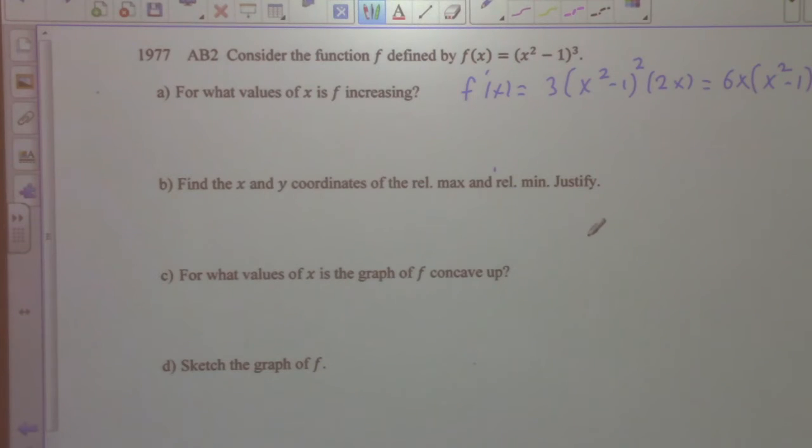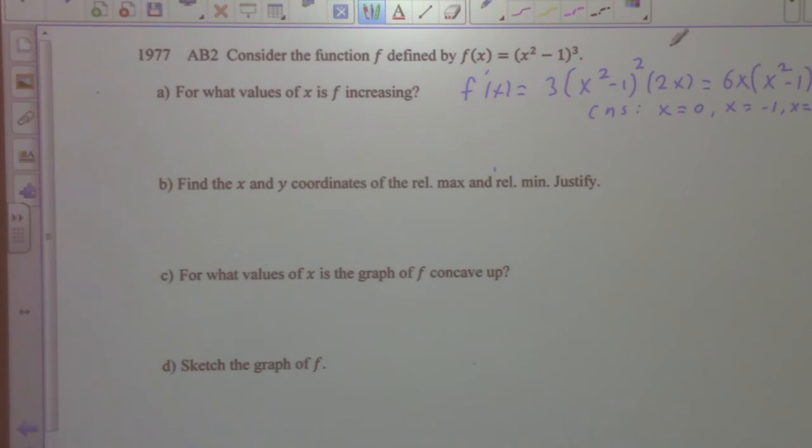Yes. And so our critical numbers here, what are your critical numbers going to be? They're going to be 0, -1, and 1. Okay, how'd you get -1 and 1 here, Aaron? Because it's the old difference of squares.